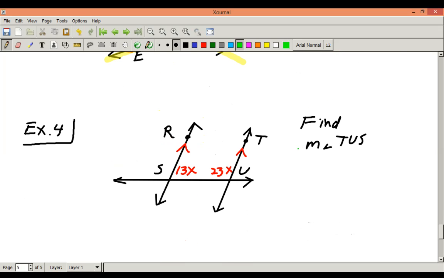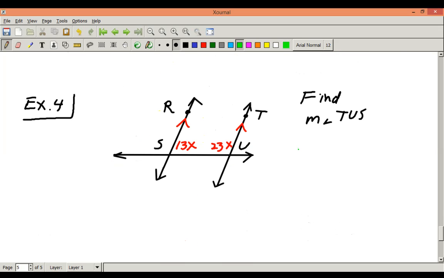Okay. Looks like we have one more problem today then. So notice in example 4, you have two parallel lines, R and T. You can see that by the arrows, the red arrows. If two parallel lines are cut by a transversal, then same side interior angles are going to be supplementary. So those two angles that you see marked there, 13x and 23x, are on the same side of the transversal and in between the two parallel lines.